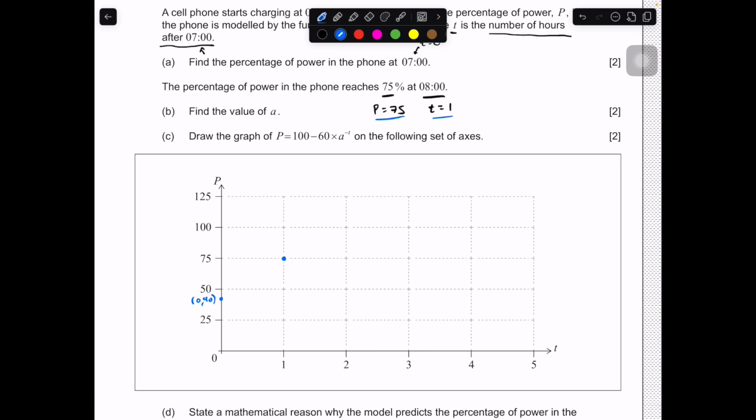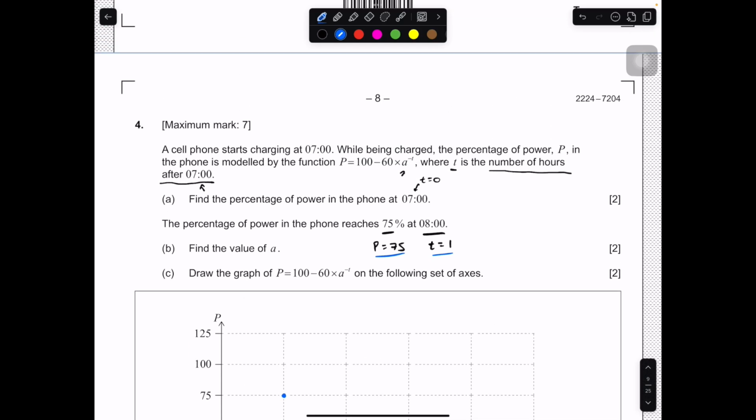To be honest, we could actually look at this function itself and see what else is going on. We have 100 minus 60 times a to the negative t. Remember, if it was just a to the negative 1, it would be 1 over a. This a to the negative t actually means 1 over a to the t.